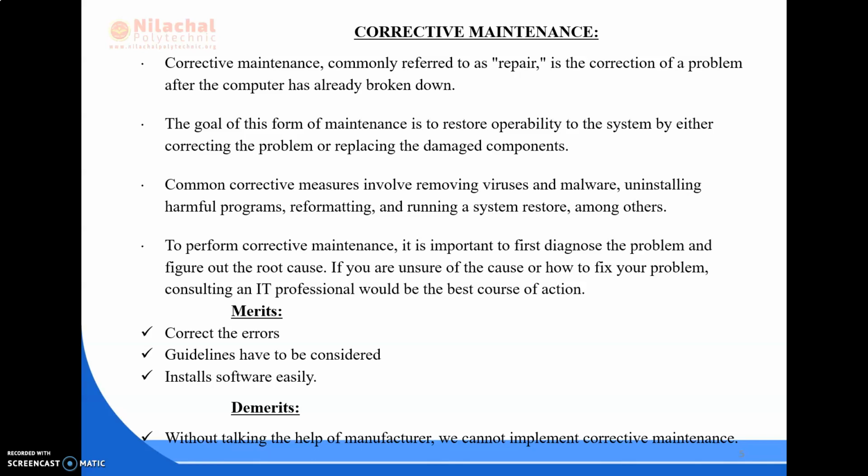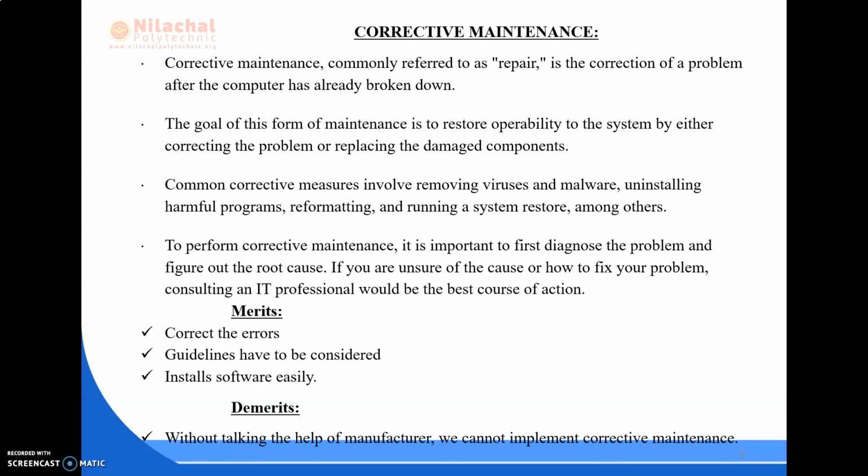The next maintenance is corrective maintenance. Corrective maintenance, commonly known as repair, is the correction of a problem after the computer has already broken down or after the computer has already faced an error.